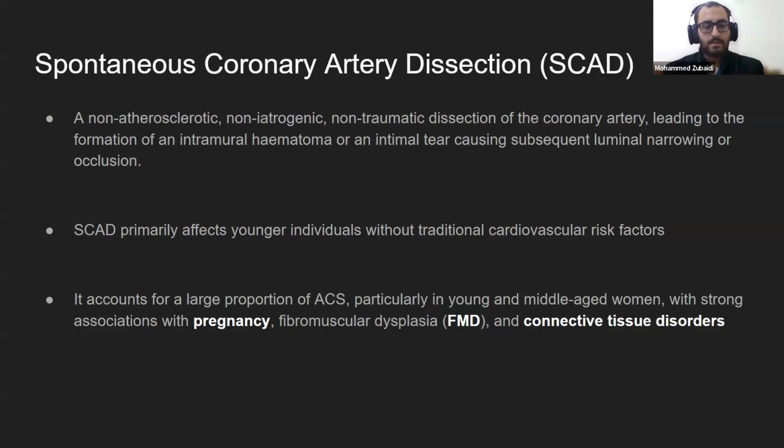It occurs in younger patients and in patients with no cardiovascular risk factors, although this patient had cardiovascular risk factors. It is commonly associated with pregnancy, it can occur peripartum, and is associated with fibromuscular dysplasia and connective tissue disease.